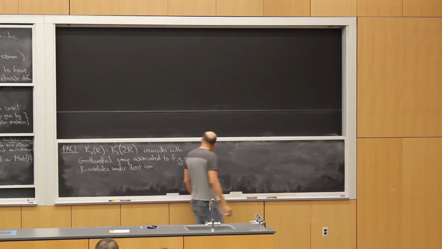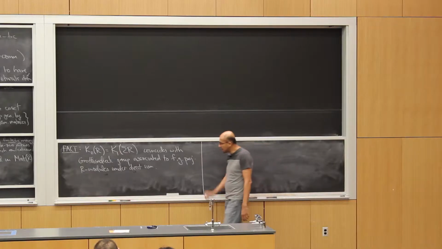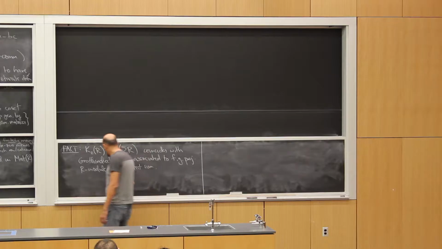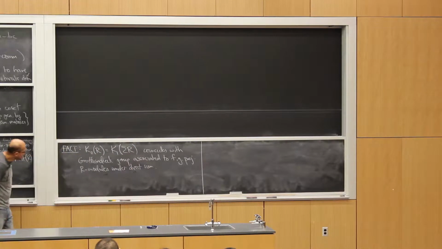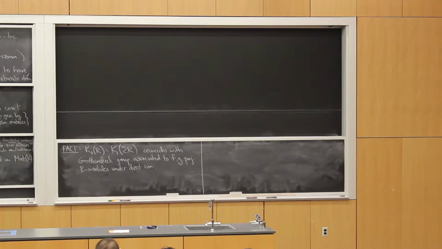If you take finitely generated projective R-modules and take the direct sum, you're back in here. So that forms a semigroup, and then you can complete that to a group, and that, it turns out, is the same as this K0 that you get in this manner.